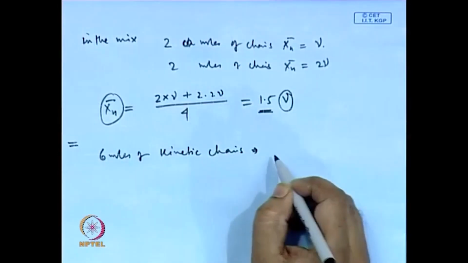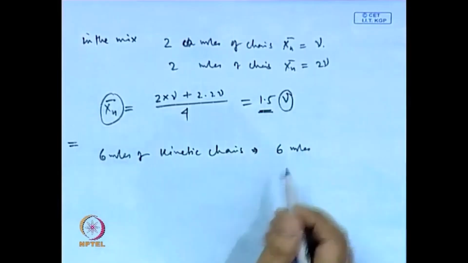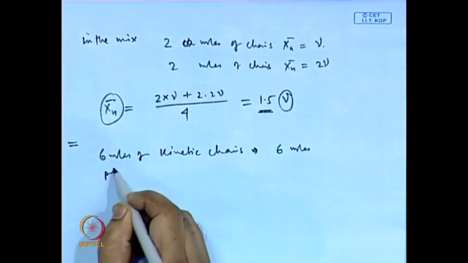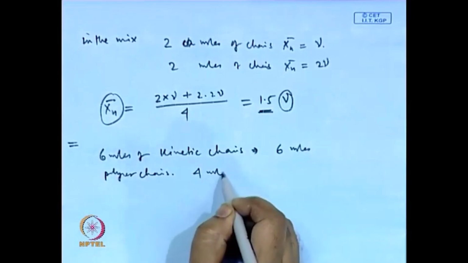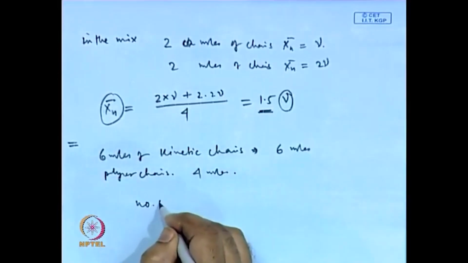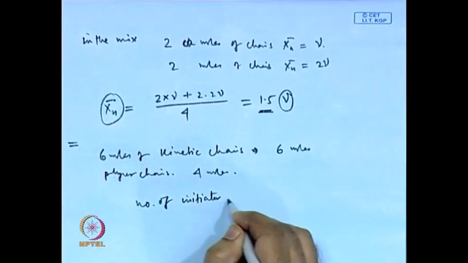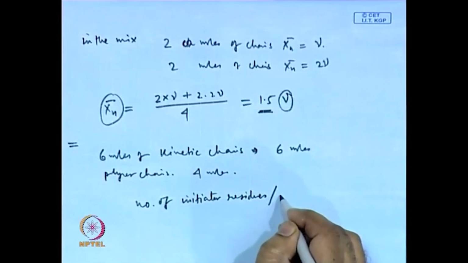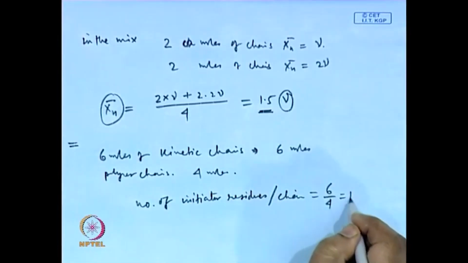So, initiator residues will be 6 moles, kinetic residues 1 mole, and polymer chains 4 moles. So, the number of initiator residues per polymer chain is again given by 6.4, which is 1.5.